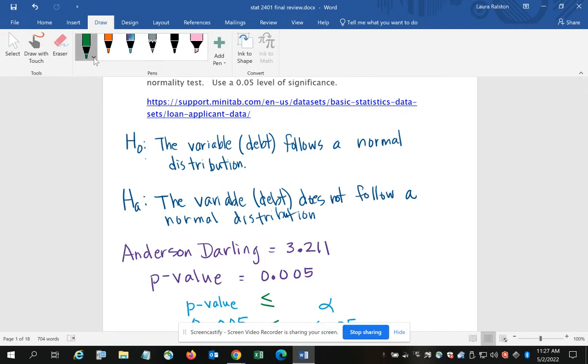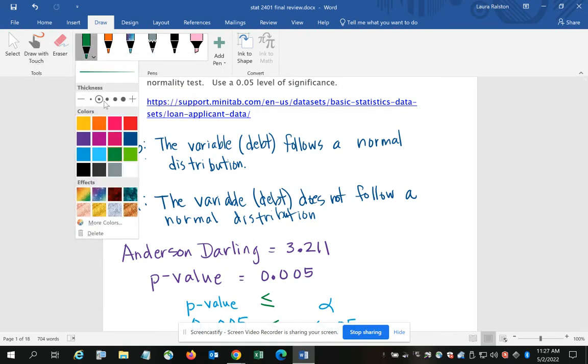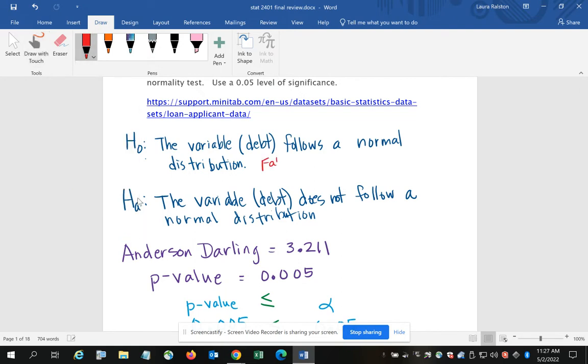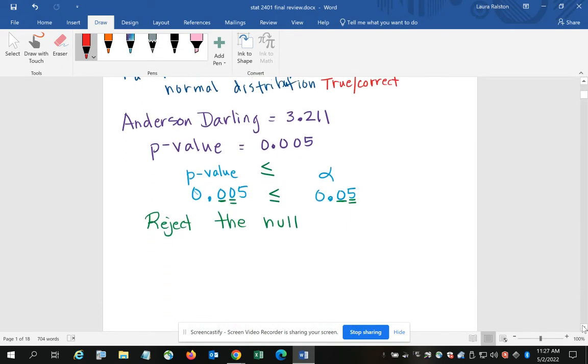Okay? So because we reject the null, our null hypothesis is false or wrong. And by default, then, the alternative is true or correct. So in this case, the preliminary analysis indicates the variable does not follow a normal distribution.